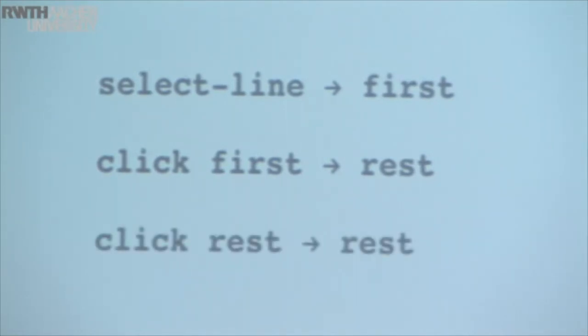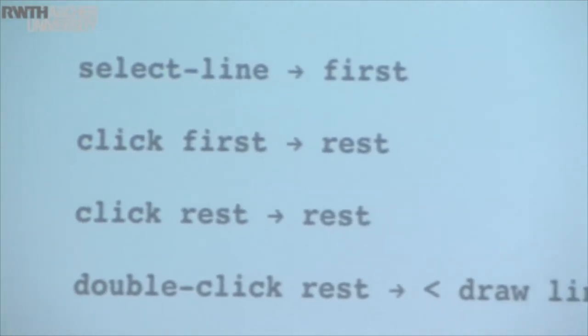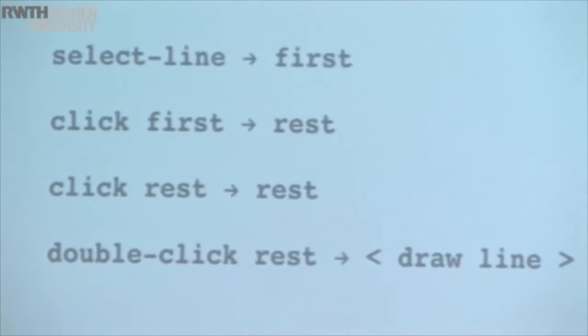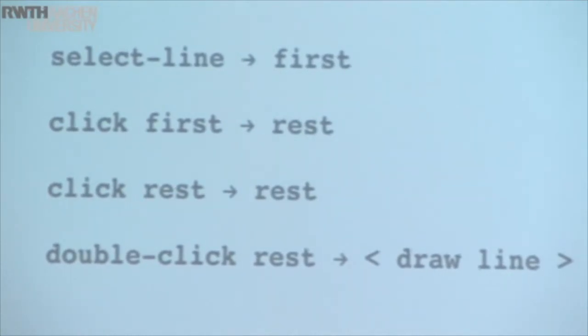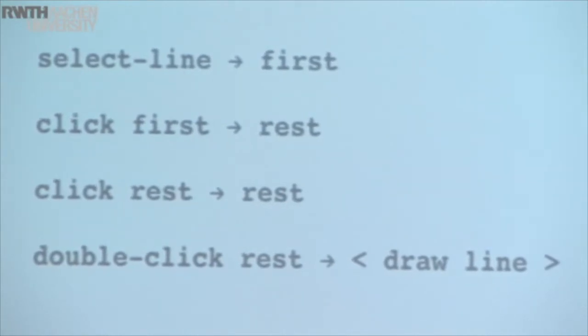If a rest token is available and the user clicks, then we generate another rest token. And finally, if the user double clicks and we have a rest token available, we move to the final state of this production rule system, which is draw the line.